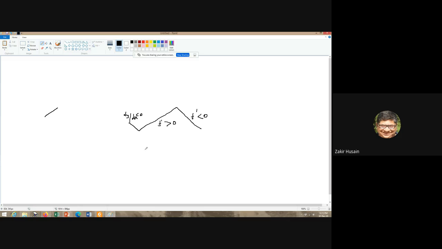What is the slope? Initially the curvature, the second derivative, is positive. Okay, so the second derivative is positive.